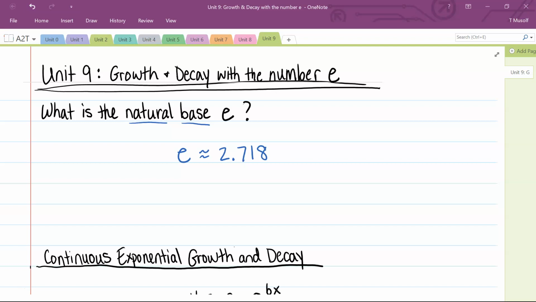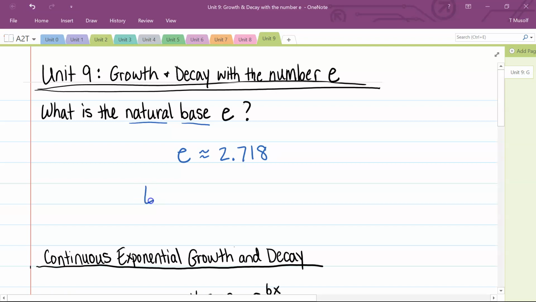We would use base e if we're talking about something that's constantly growing. One of the main uses of e is with bacteria, because bacteria is constantly growing. It doesn't just wait a year in order to grow. So you can see why we would want to use the base e instead of just a regular number.